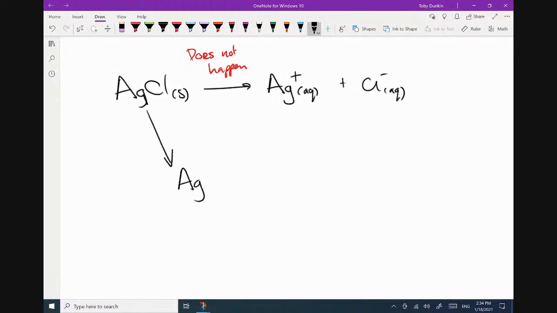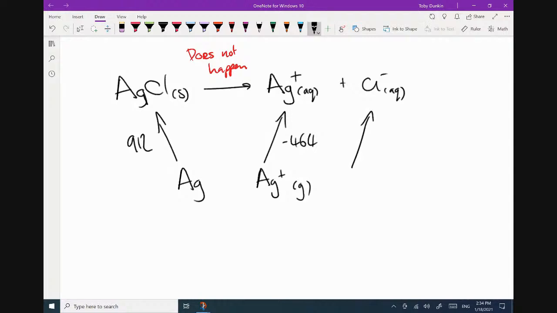So can you look up for me the silver ion? Hang on a minute. Hang on. -464. What's the chloride ion? Well, I have the formation of AgCl. What's the formation? -91... 912 Perfect. And that's going to be forming exothermic.